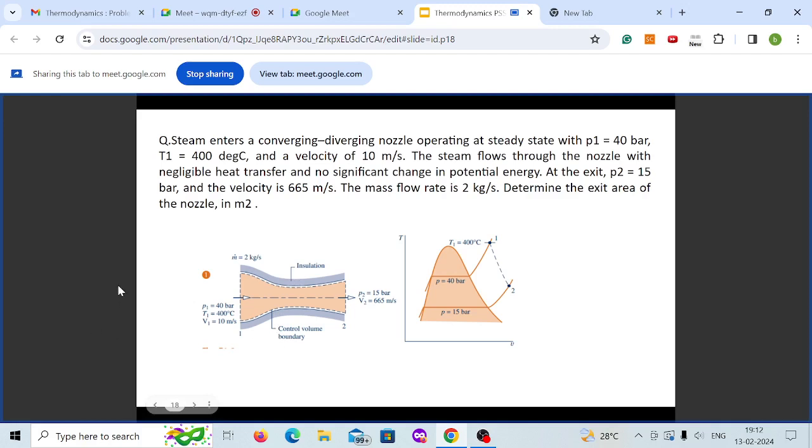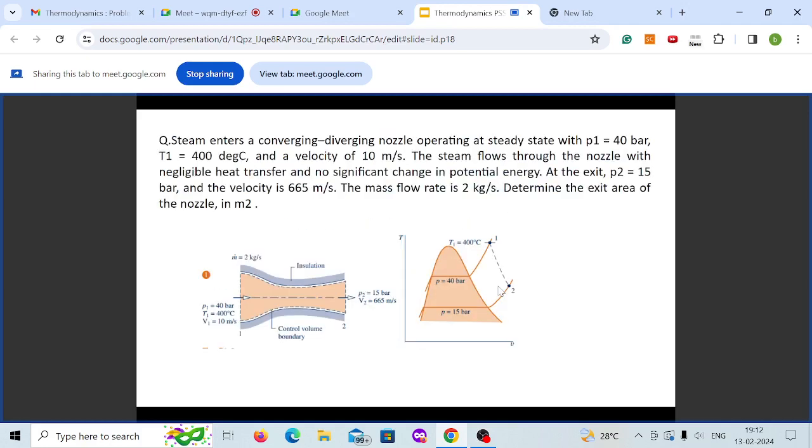So basically there is a change in cross sectional area; your fluid is coming in, you are reducing pressure but increasing the velocity at the exit. The same condition for the steam is plotted in a T-v diagram. We have state 1 at 40 bar and 400 degrees Celsius, and state 2 at 15 bar.